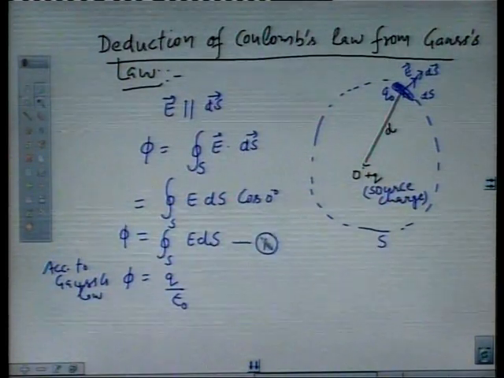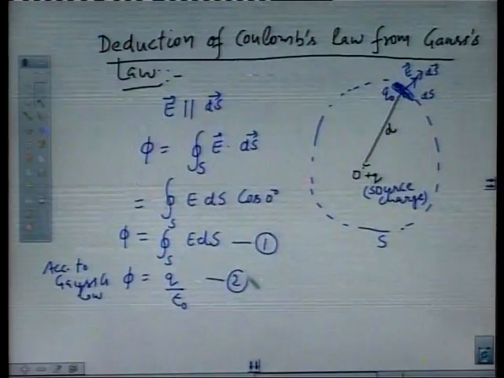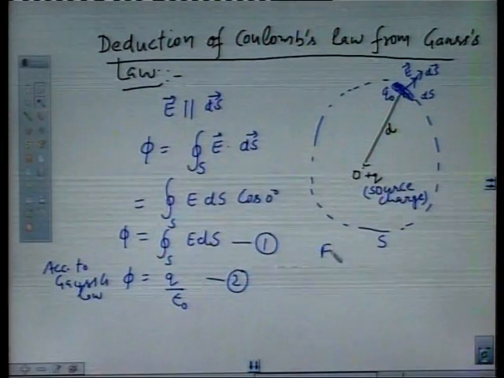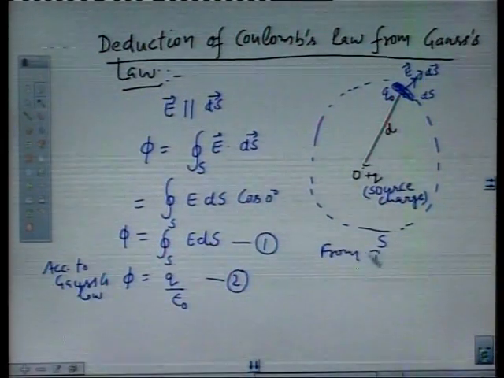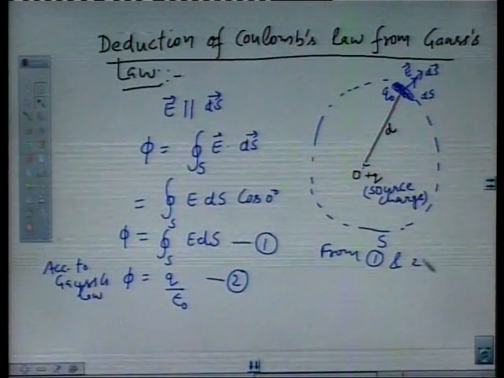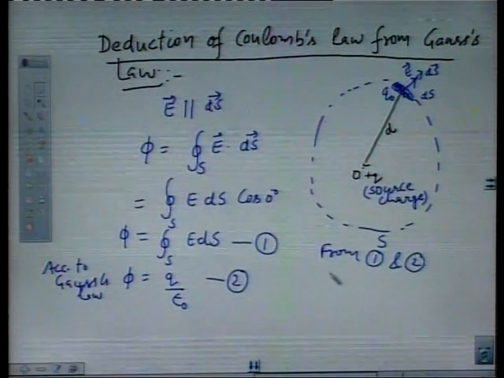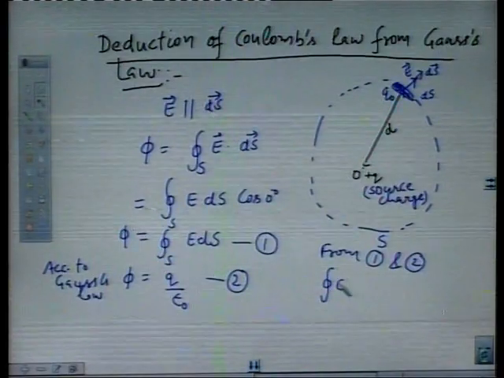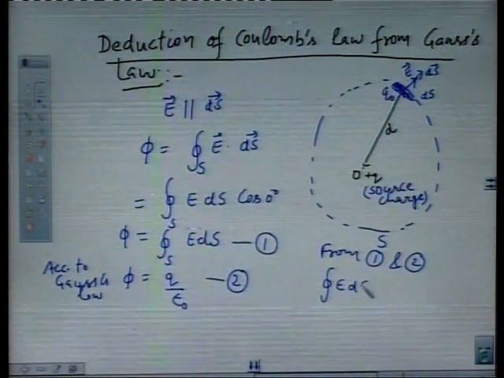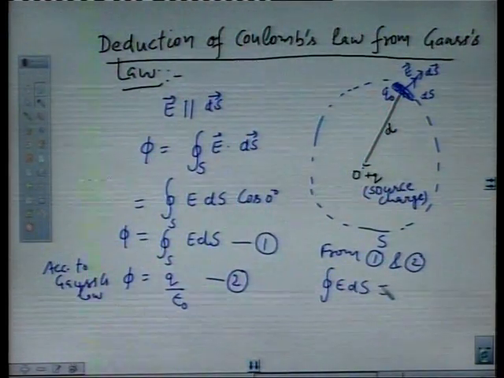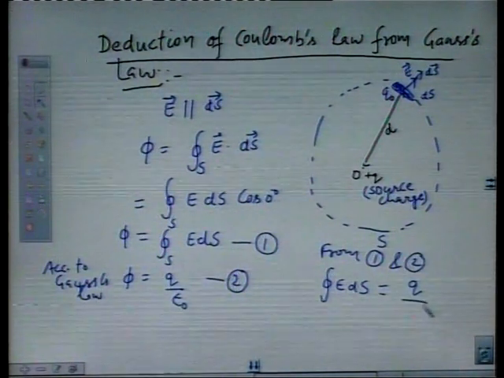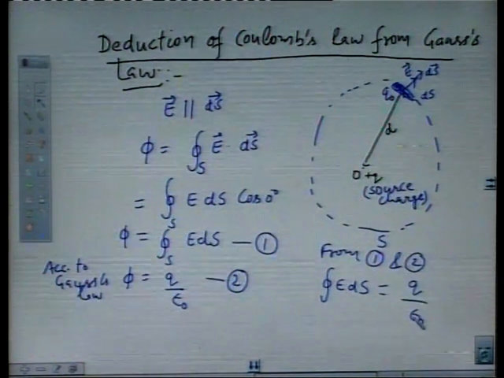So this is equation number 1 and equation number 2. So from 1 and 2 we have integration of E into ds is equal to q upon epsilon naught.